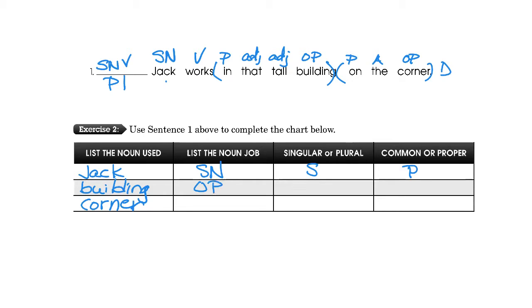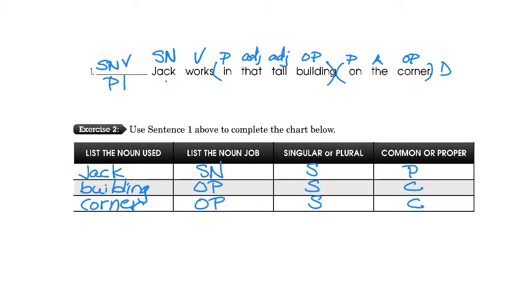Object of the preposition. Is building singular or plural? Get ready. Singular. Is it common or proper? Common. Okay, for corner, noun job, get ready. Object of the preposition, singular or plural? Singular. Common or proper? Common.